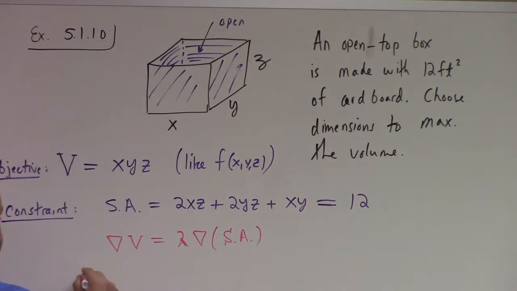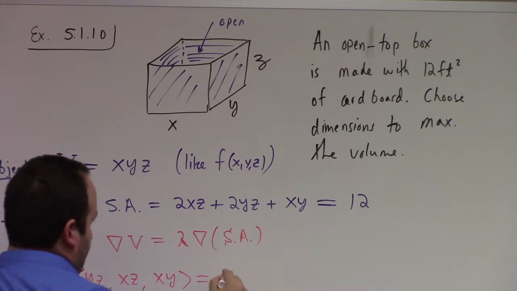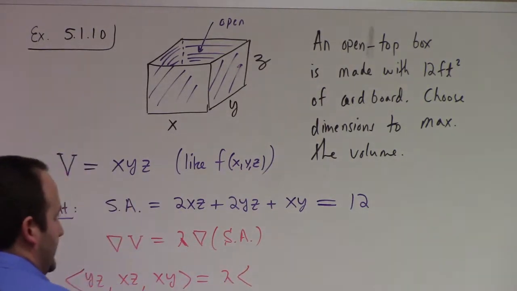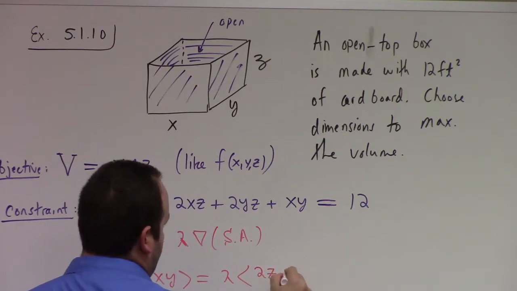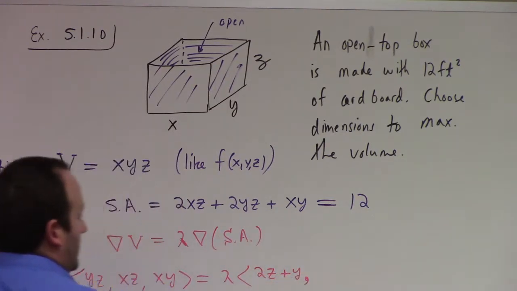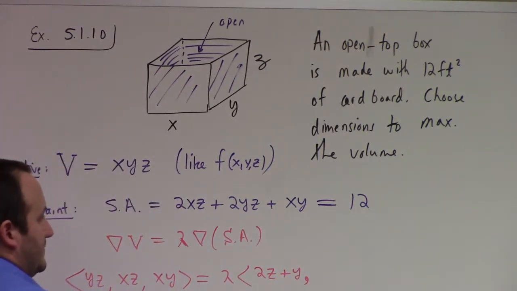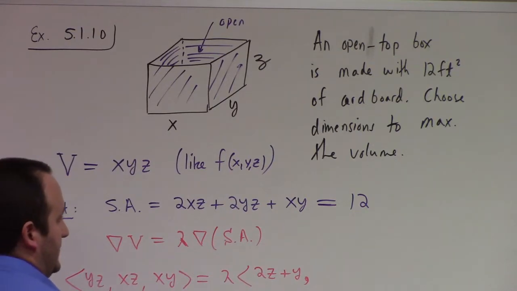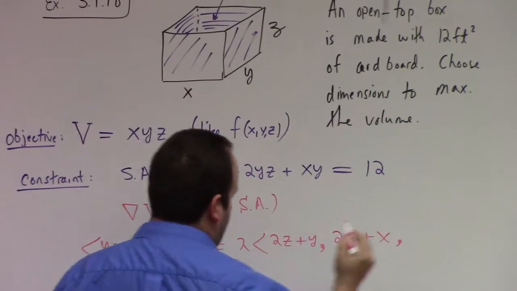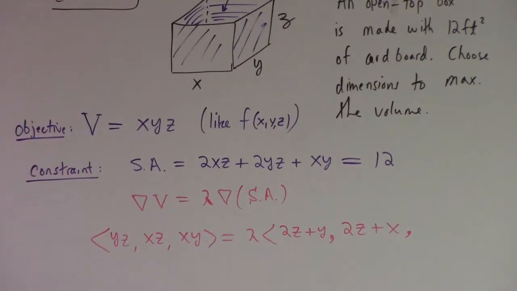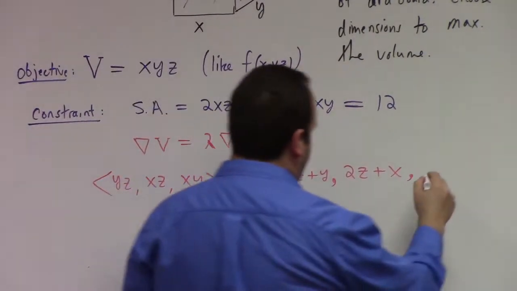That gives me yz, xz, xy is equal to lambda times 2z plus y, 2z plus x, 2x plus 2y. Very good.